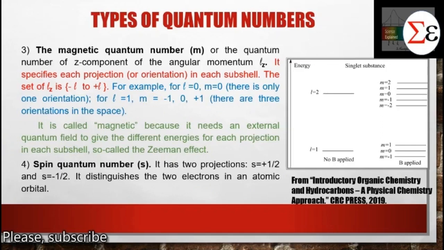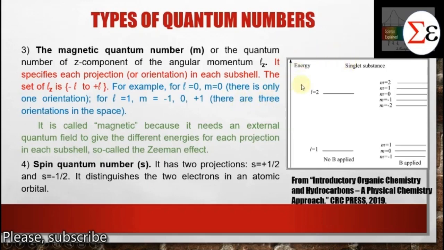It is called magnetic because it needs an external magnetic field to give the different energies for each projection in each subshell. This was obtained by the Zeeman experiment, and it's called Zeeman effect.